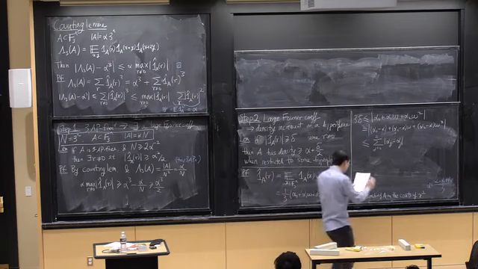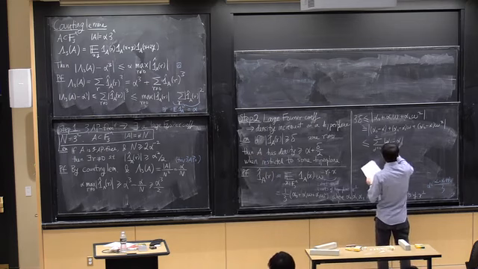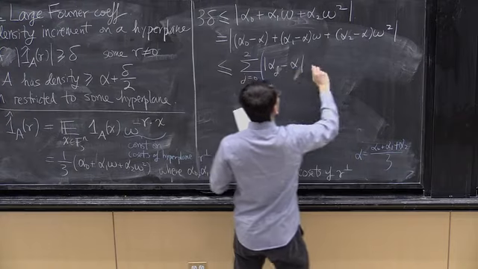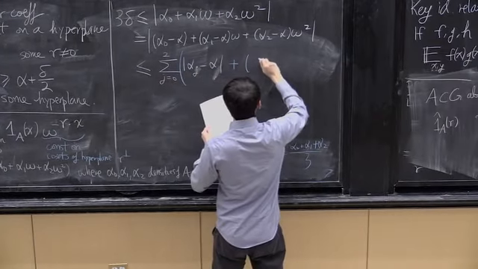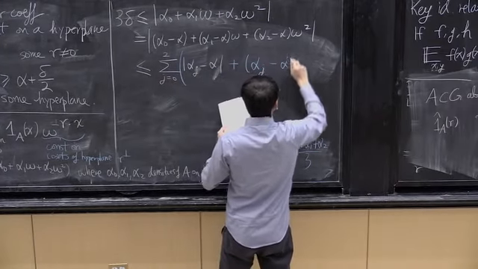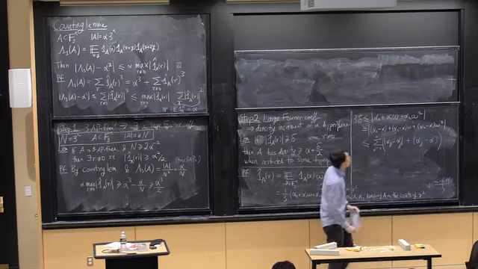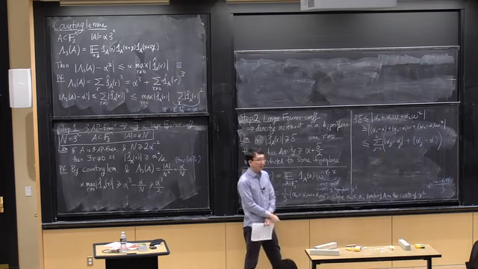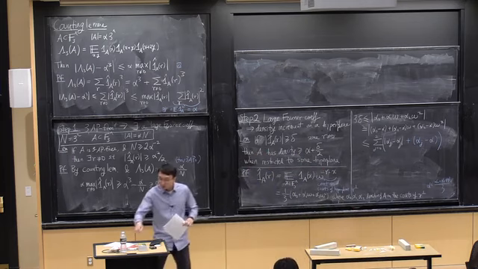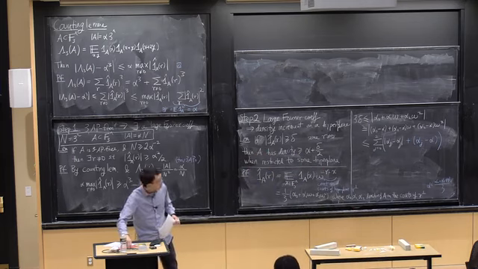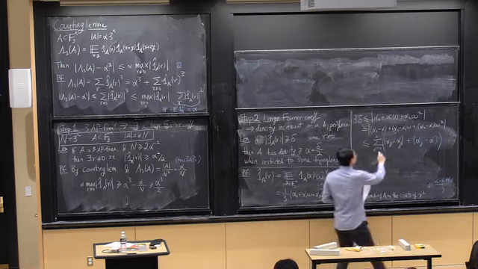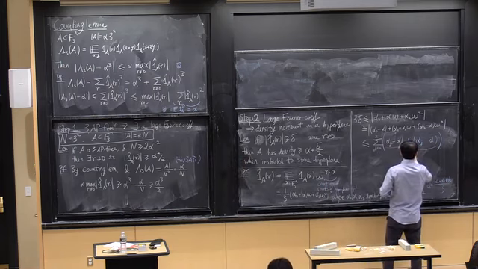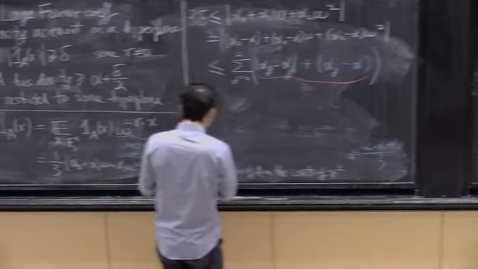But let me do this one extra trick, which we'll need next time, which is that let me add an extra term like that, which sums out to 0. But now you see that each summand is always non-negative. Right?